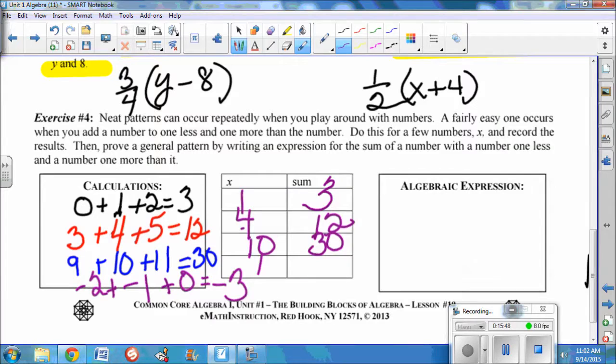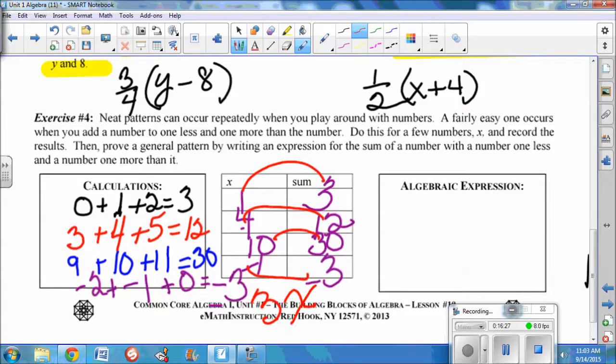Then this last one, x was -1, and the sum was -3. So what kind of patterns do we notice? 1 to 3, and 4 to 12, and 10 to 30, and -1 to -3. Hopefully you're noticing that it's 3 times x.